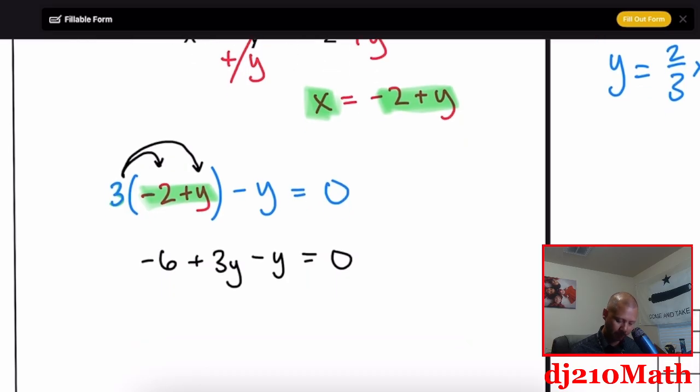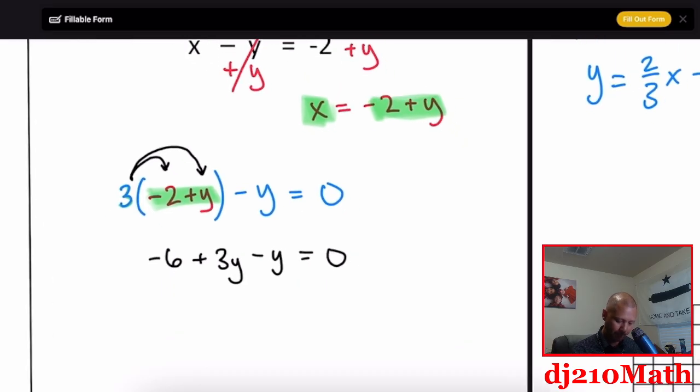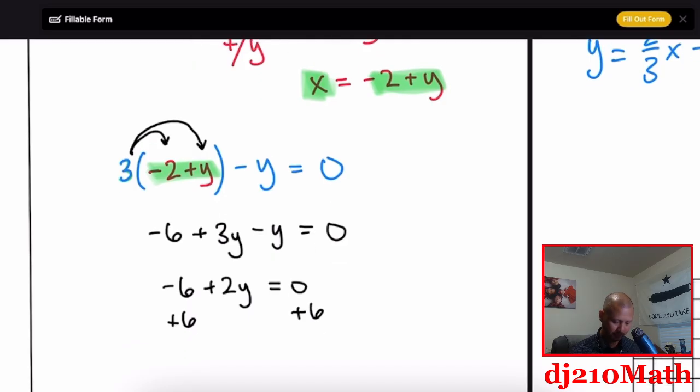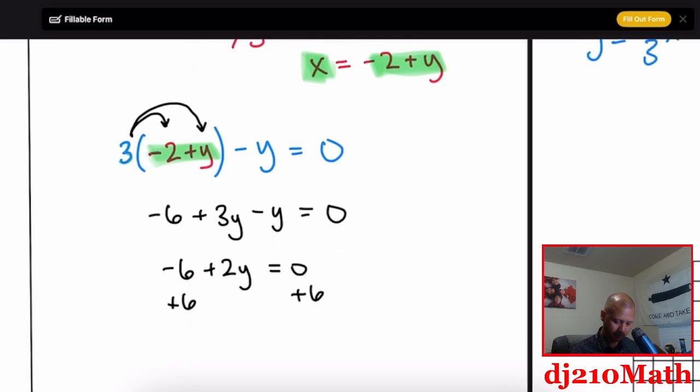Combine like terms. This is going to be -6, 3 minus 1 is 2, y equals 0. Still solving for y. Plus 6, plus 6. We get 2y is equal to 6.